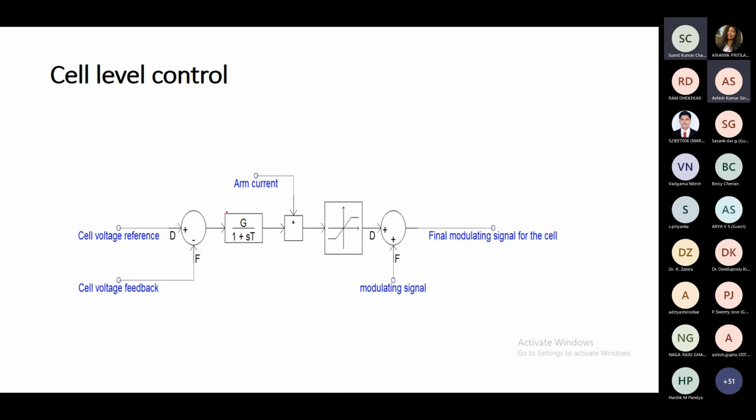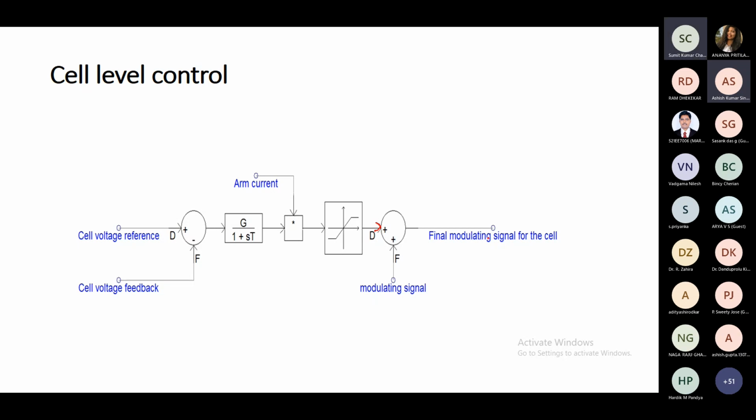It basically monitors the cell voltage as feedback, and a cell voltage reference is there with a PI controller. Depending on the arm current direction, it develops a signal which gets added with the modulating signal of the corresponding cell, and that finally makes the modulating signal for the cell.